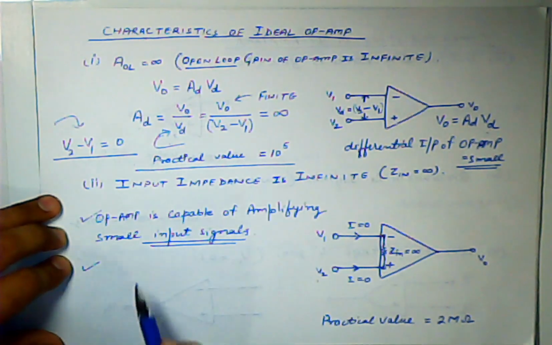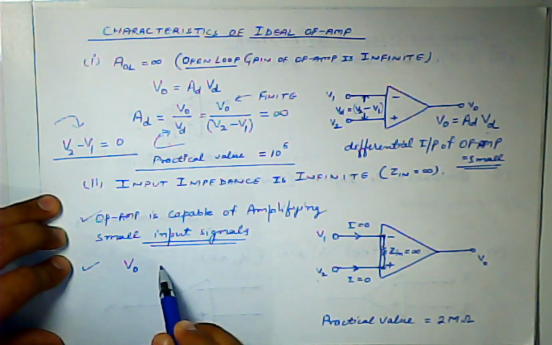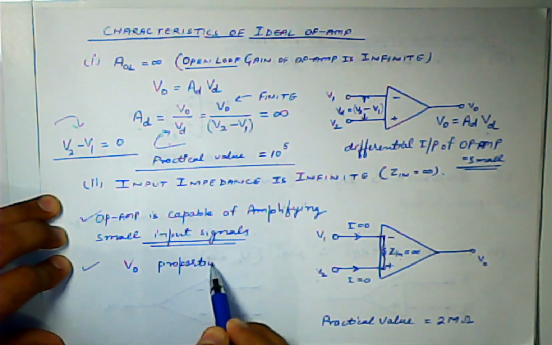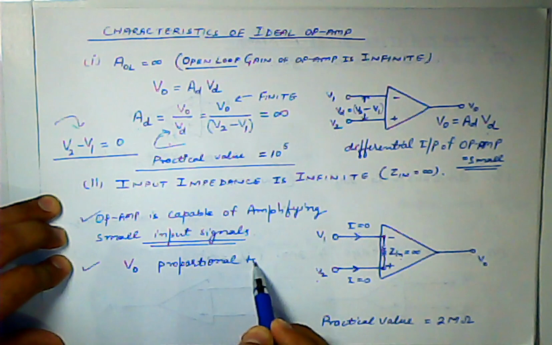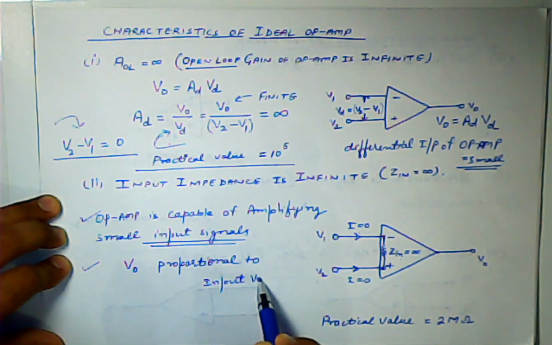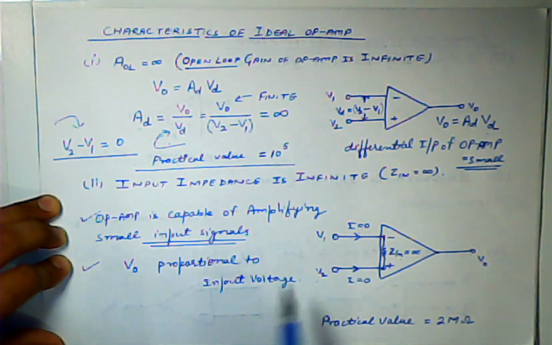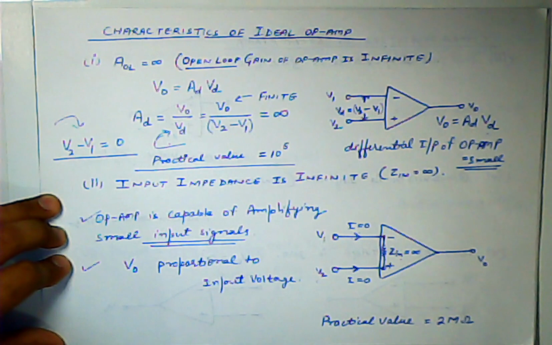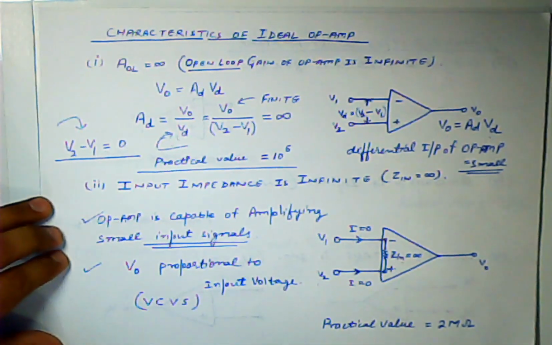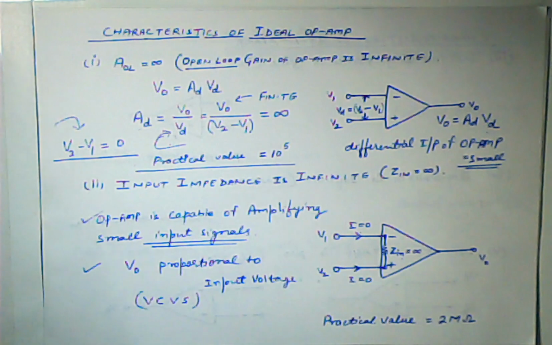So the output is proportional to the input voltage. Okay, so this is why the op-amp is called a voltage controlled voltage source. So these are two deductions.